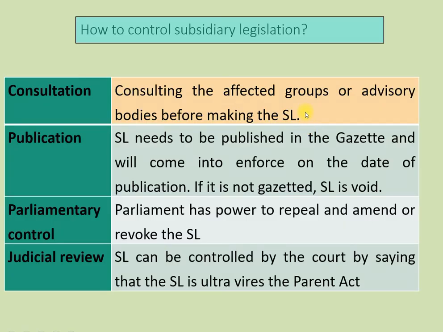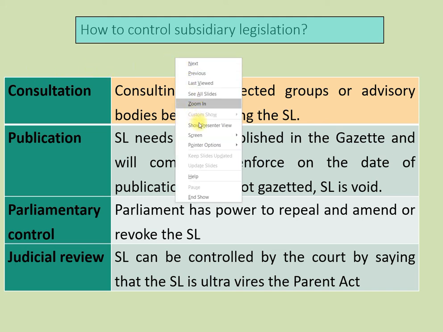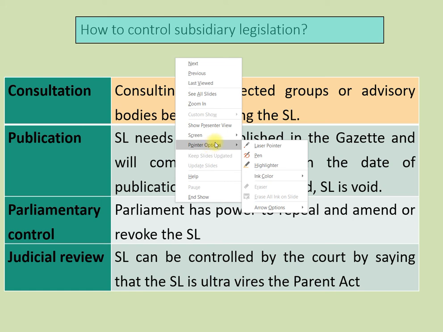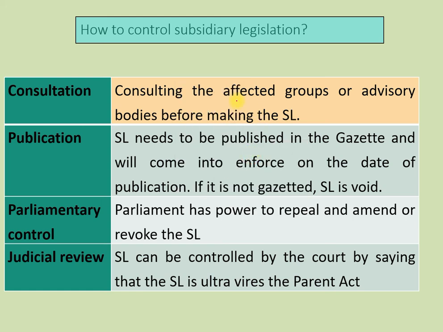How do we control subsidiary legislation? It can be controlled by consultation, publication, parliamentary control, and judicial review. This is the mechanism whereby subsidiary legislation can be controlled.